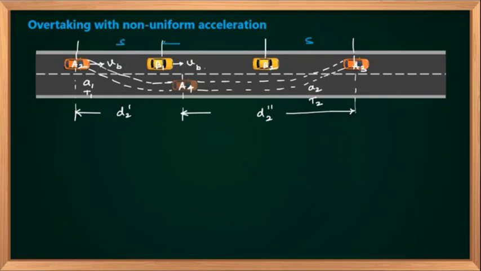What is this distance? This is simple: VB into (t1 plus t2).